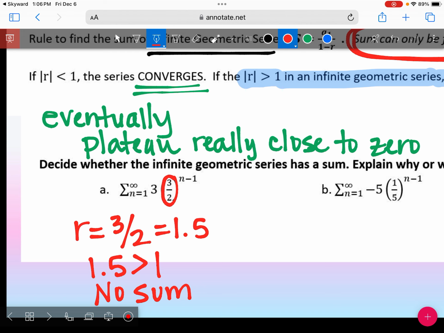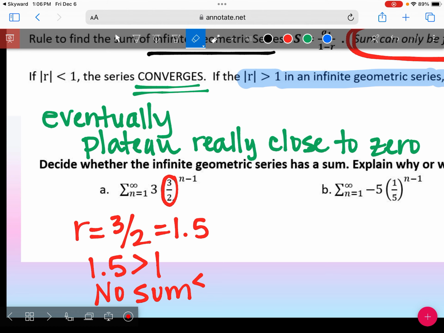This series is going to continue to get bigger. Every number is going to get bigger and bigger. It's never going to plateau. It's an exponential function that's just going to keep getting higher and higher. So because of that, it doesn't have a sum. We don't have any formula to look at.